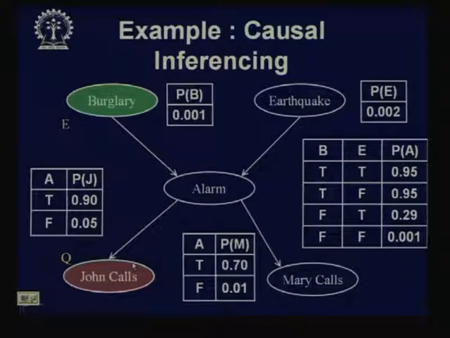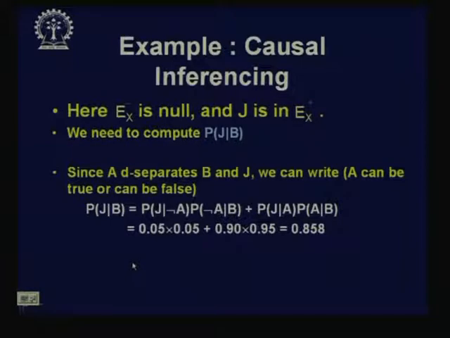So, using Bayes' theorem, we can write that A can be true or false. The probability of John calling given burglary, which is what I want to know, is the probability of John calling given no alarm, times the probability of no alarm given there is a burglary, plus the probability of John calling given the alarm times the probability of alarm given burglary. So you see I have restricted it to 3 nodes of the graph and I can compute it as 0.858.